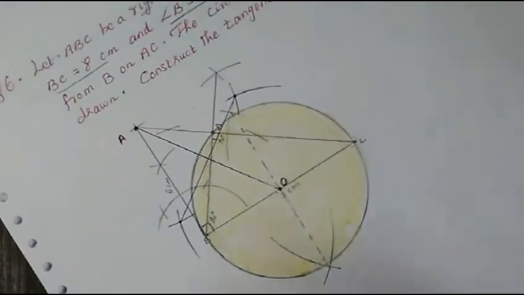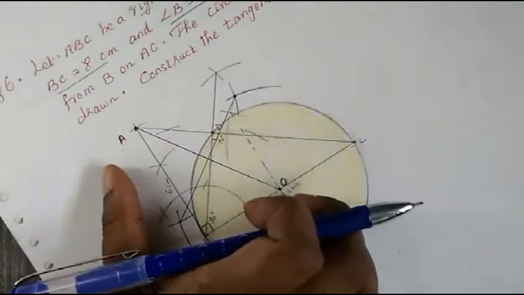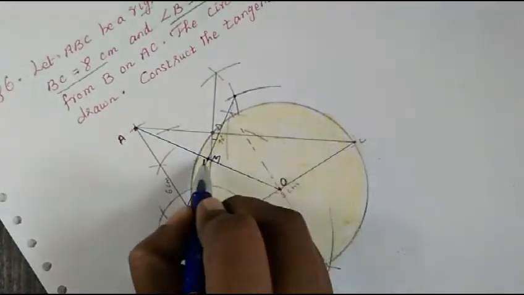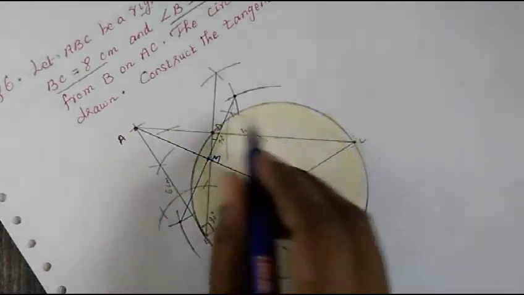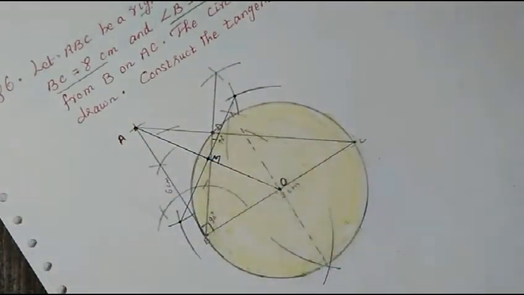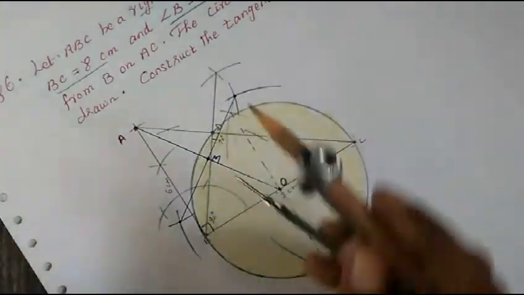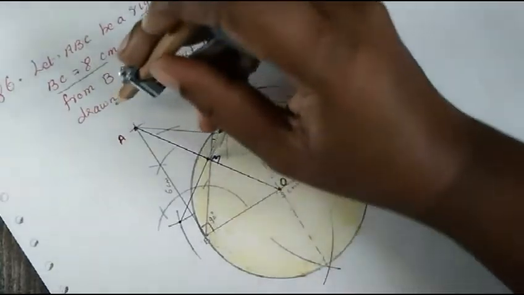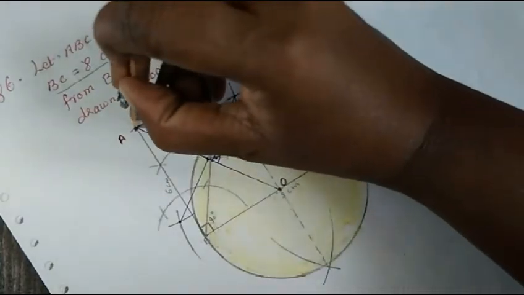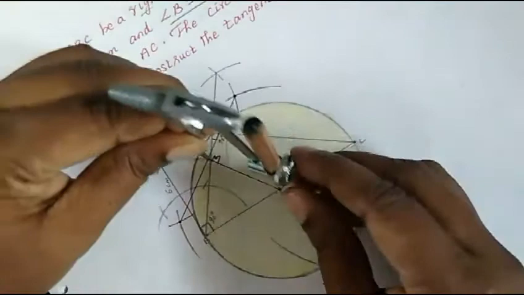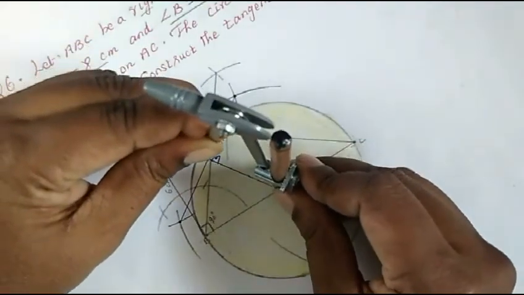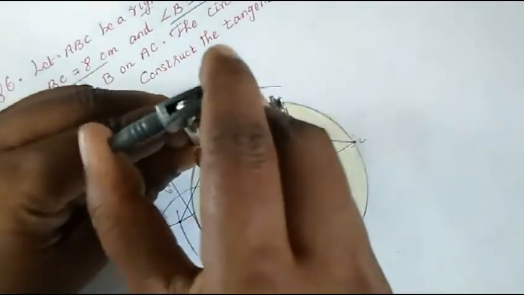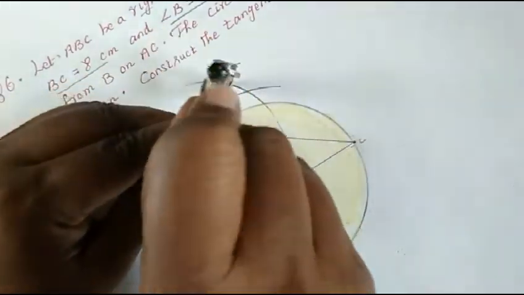So what we did? A we joined with O and for this we found the midpoint. Now keep this midpoint as a center and draw a circle. Okay, then draw a circle.